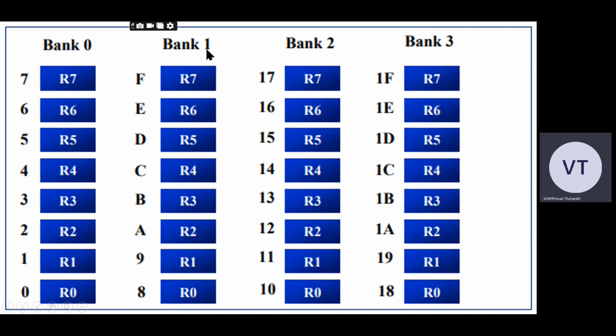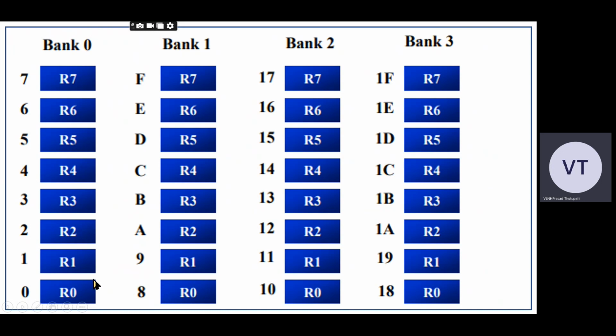You can refer to the first byte of bank 1 as R0, the next one as R1, the next as R2, the next as R3, then R4, R5, R6, and R7. You can refer to the first byte with its name R0 or with its address 8.